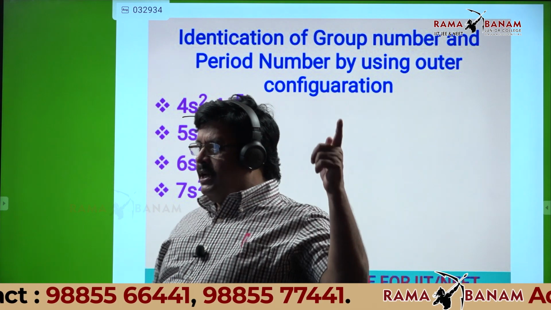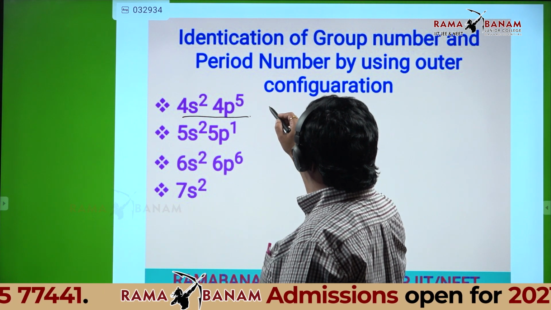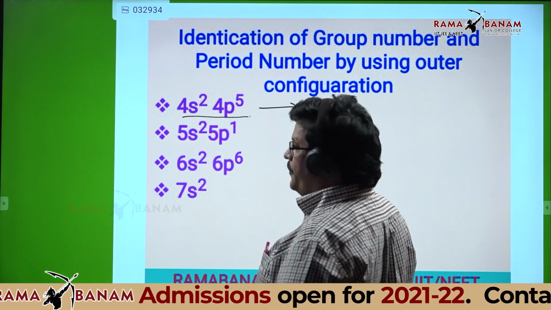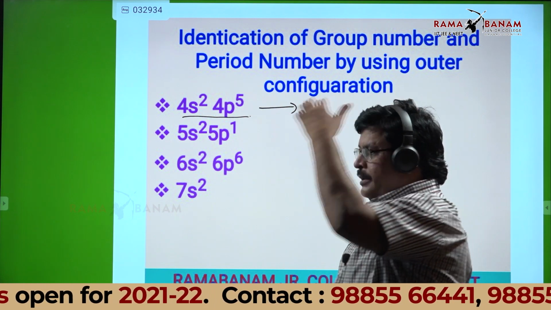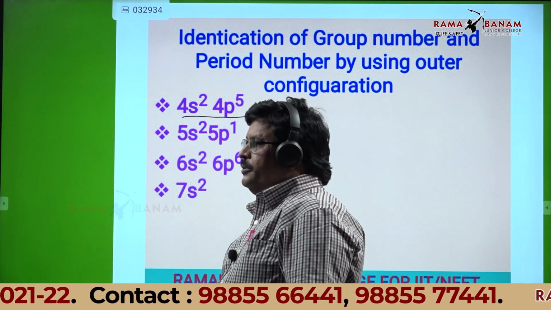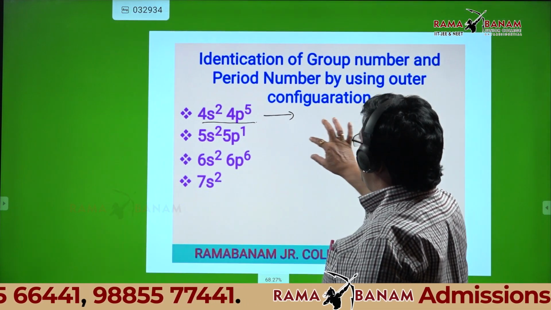Students, can anyone tell the group number and period number of that 4s2 4p5 configuration? 4th period, 7A group. That's right, Banu. The outer shell is nothing but the period number.